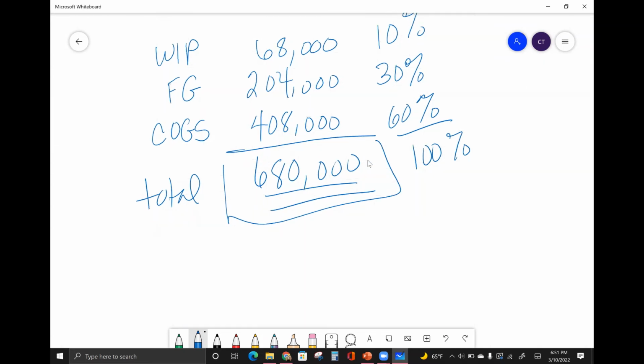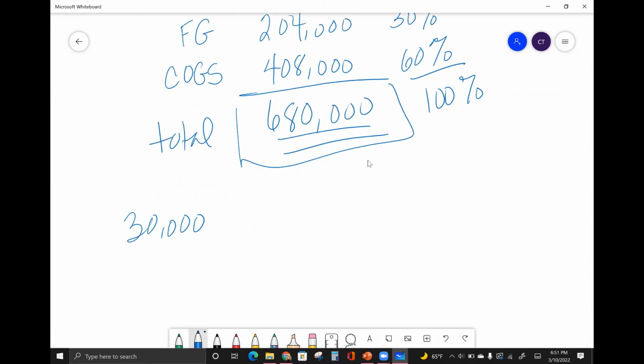So what was my amount? It was 30,000. And in order to figure out what accounts it's going to go in and for how much, I have to do the calculations. So I use the total to come up with the allocation. Once I have the allocation percentages, that's what I use for each account for the 30,000.